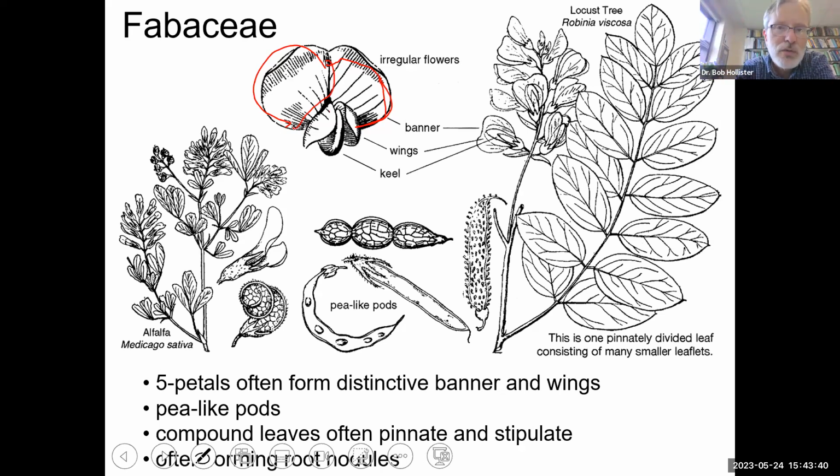Then there's 2 that are like wings, okay? And then there's 1 that wraps all the way around the pistil, and that's the keel. So if you see banner, wings, and keel, it's Fabaceae.